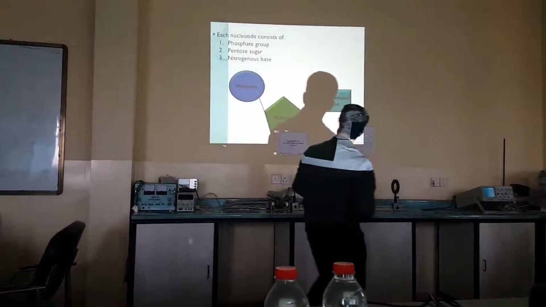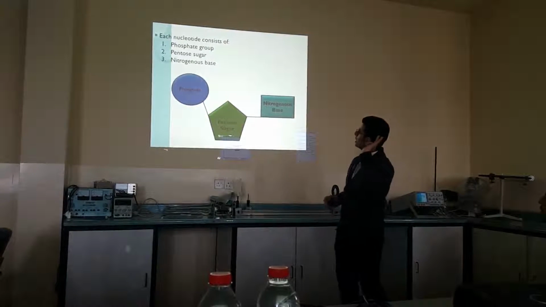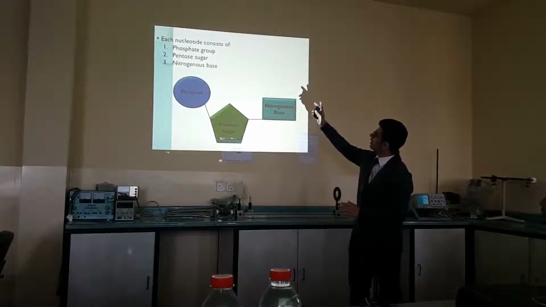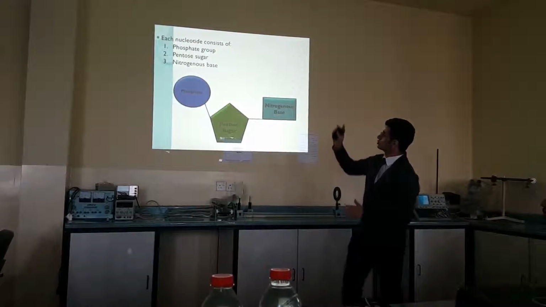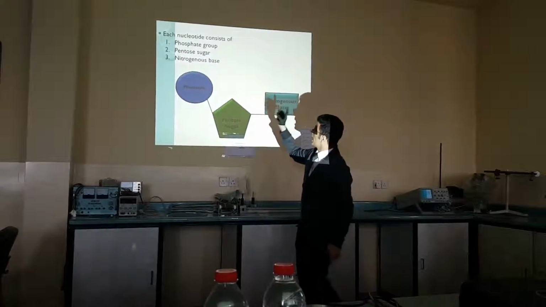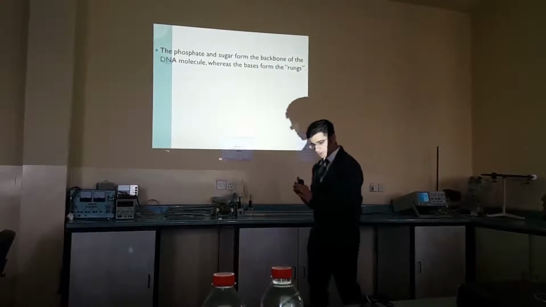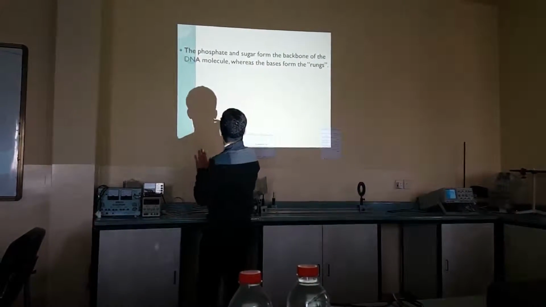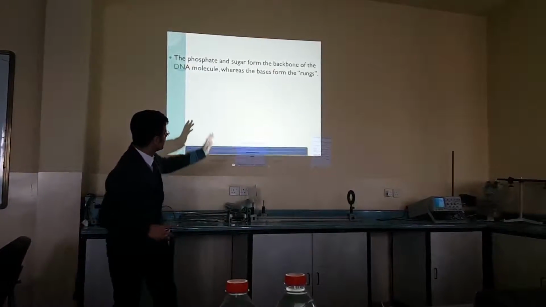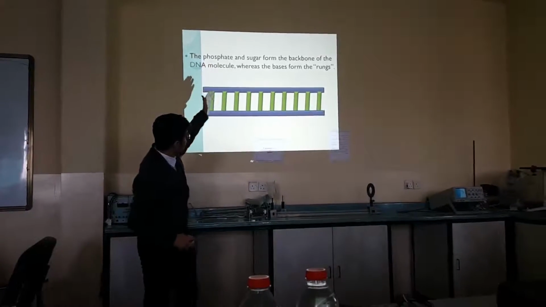Nucleotides consist of three main molecules: the phosphate group, which is represented by a circle, the pentose sugar, and the nitrogen base. The phosphate and the pentose sugar form the backbone, as you see here, but the nitrogen bases form the rungs.